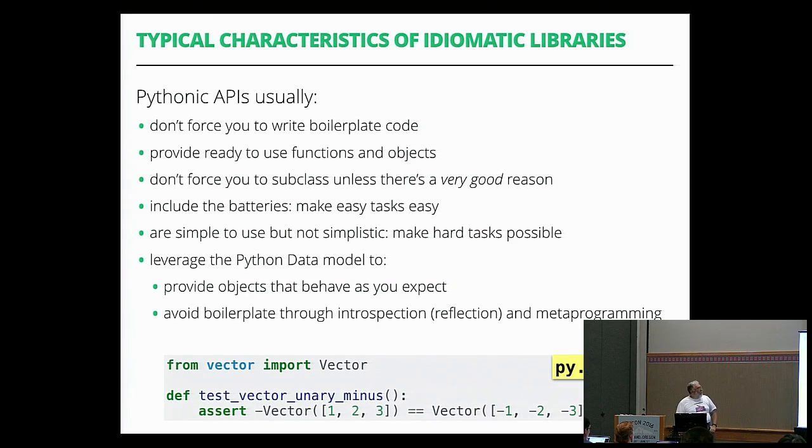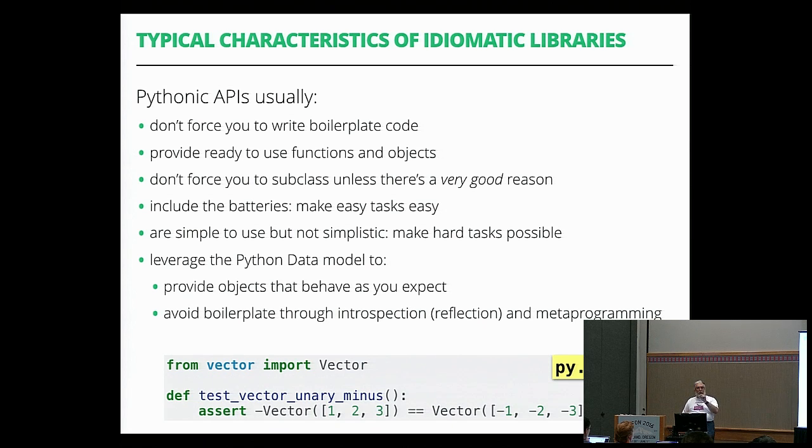So this is one set of tips that I wish I had included in the book, but didn't. Pythonic APIs usually don't force you to write boilerplate code. They provide ready-to-use functions and objects. It's very common in the standard library to see that pattern of, okay, there's this class that you can use to configure an object to do something, but there is a ready-to-use instance.